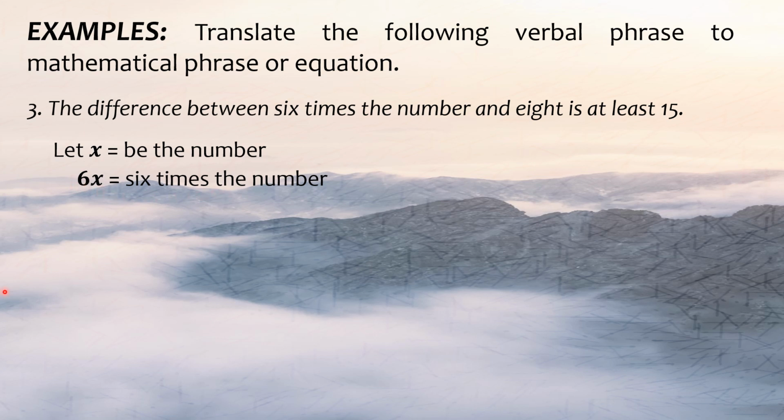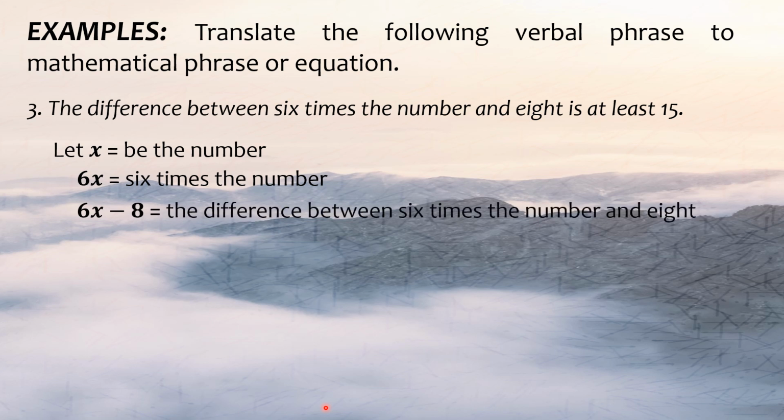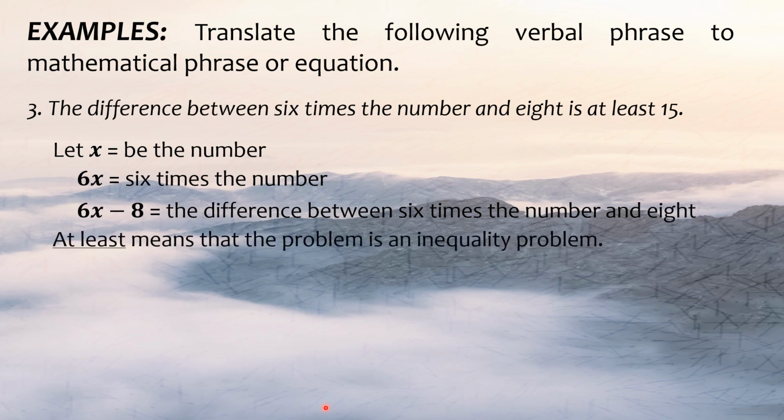6 times the number. And then, sabi dyan, the difference between 6 times the number and 8. Difference, so gagamitin natin yung symbol na subtraction or minus sign, kaya magiging 6x minus 8 na nagre-represent sa difference between 6x, the number, and 8. And then, the keyword is at least.